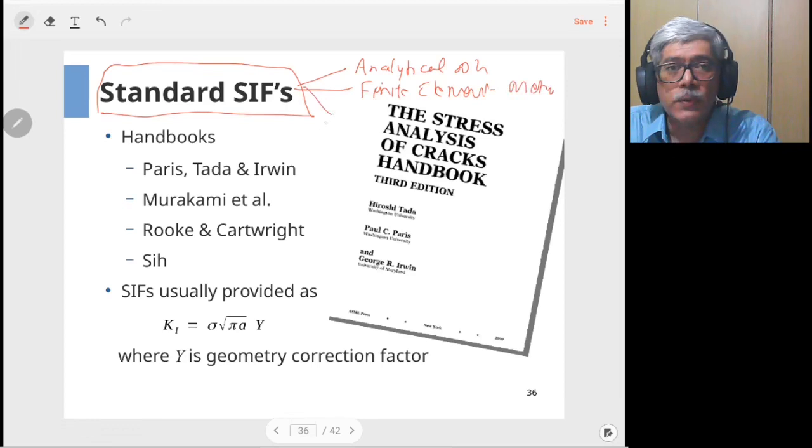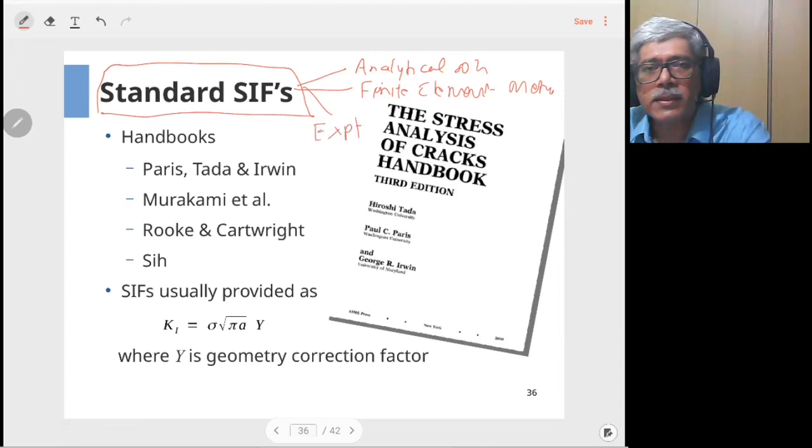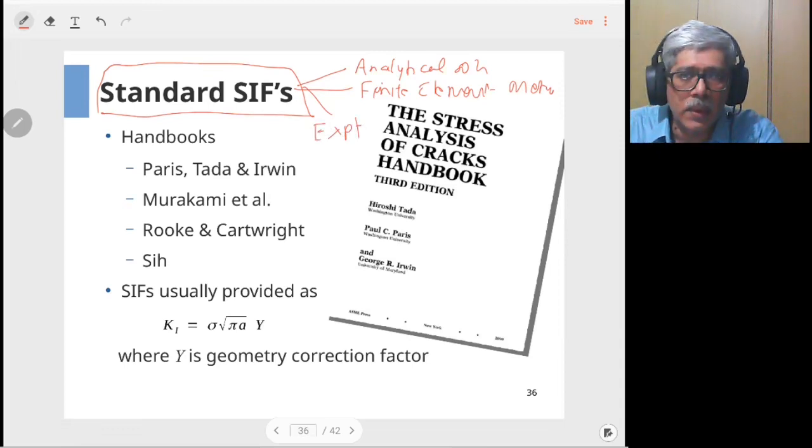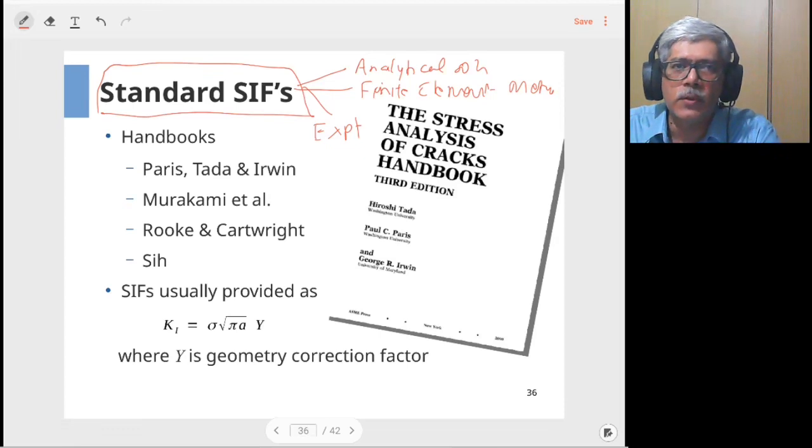And you can also use the experimental or photoelastic method to obtain the stress intensity factors. So the methods which are applicable to stress concentration determination are the same for the stress intensity factor determination as well.